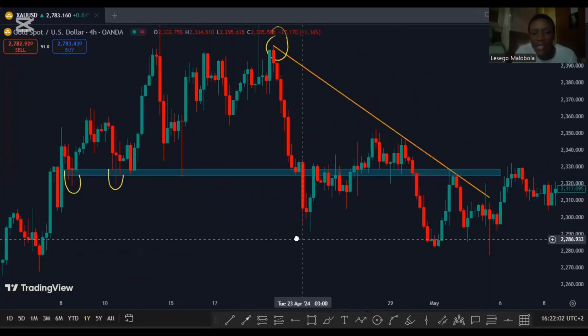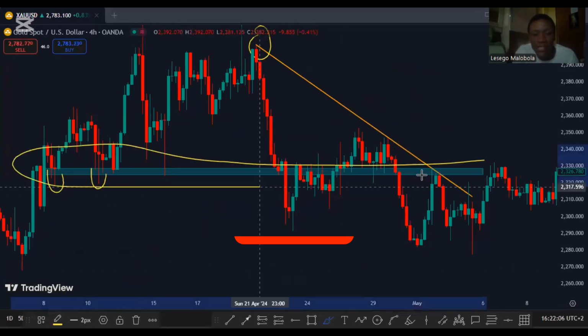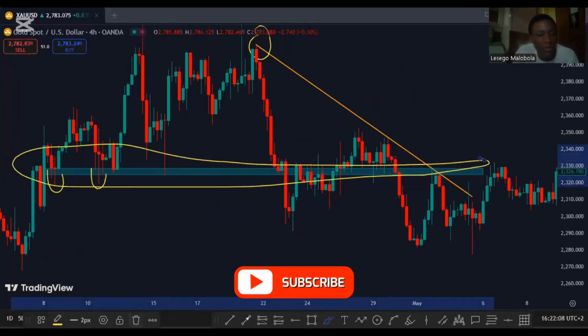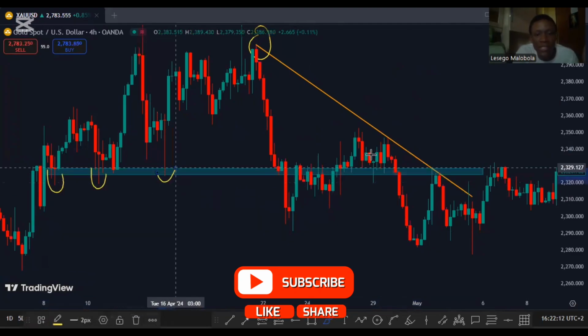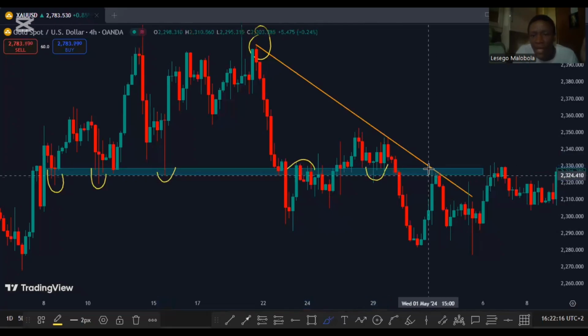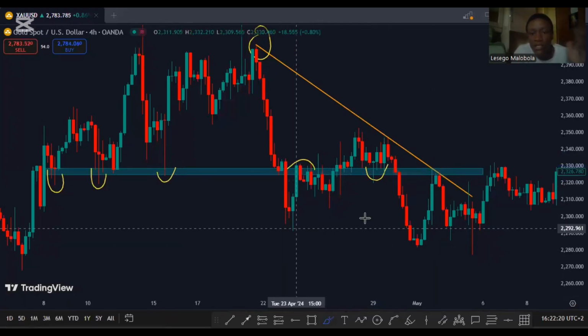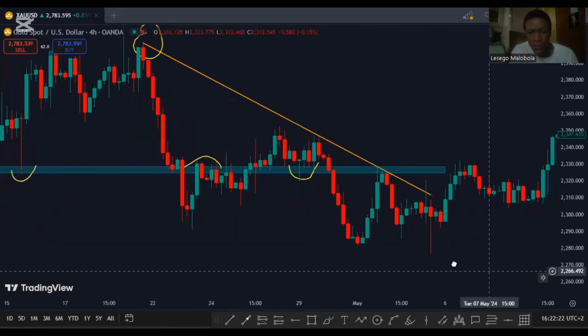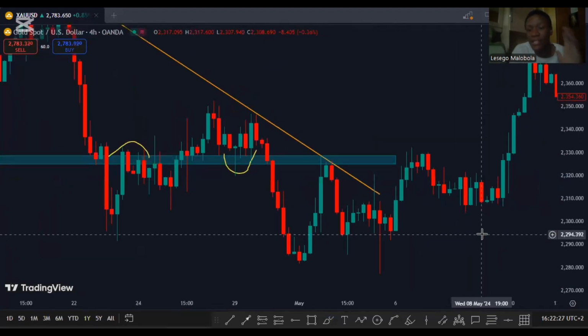This whole resistance level is valid, hence why you can see price respected, even here it respected, and now on our third touch, price is respecting.